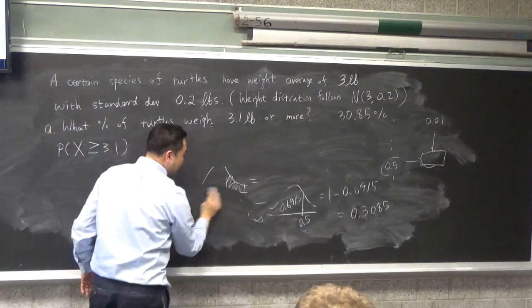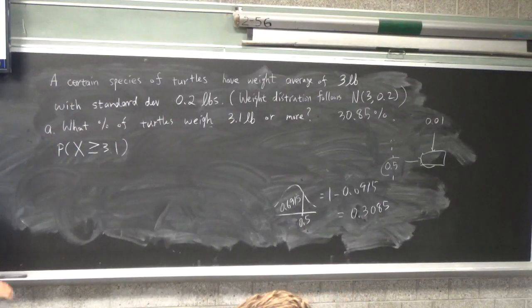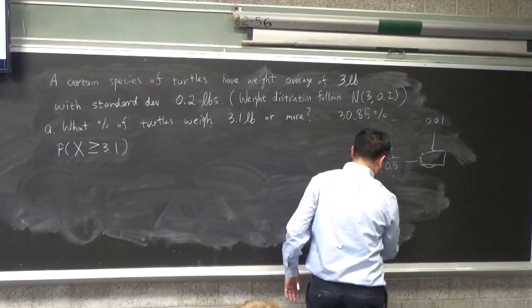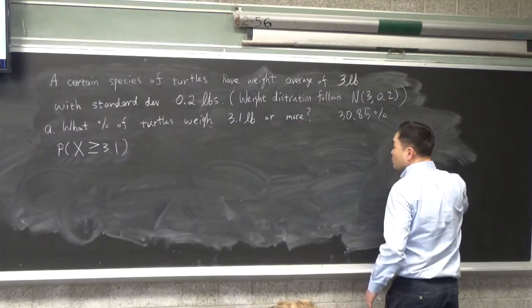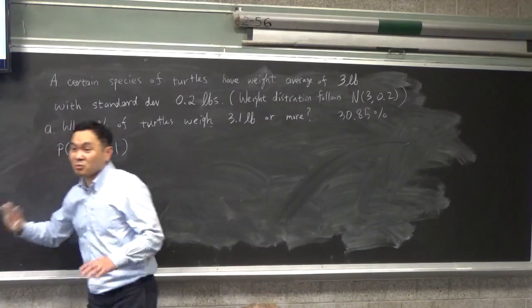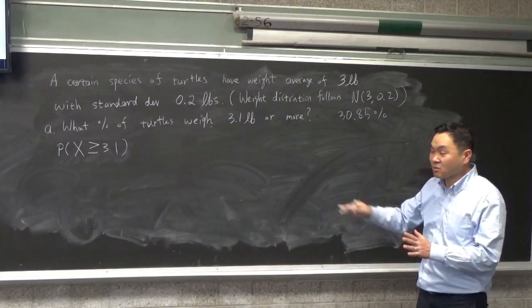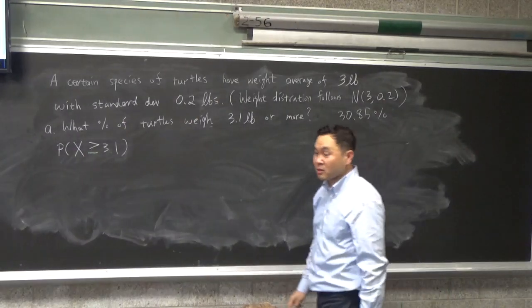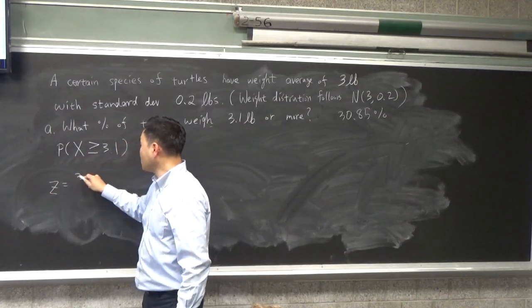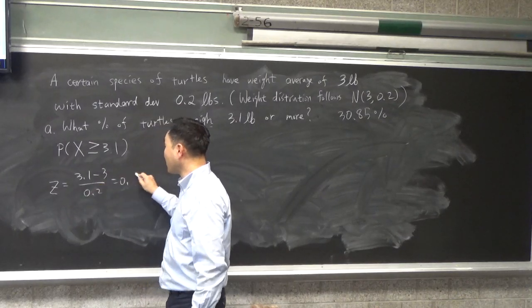Let's streamline this idea. I was trying to invoke all the calculus and stuff, but you really don't need calculus. I'm teaching the same type of thing with students that didn't take the hard calculus class, only pre-calculus, and they can still manage to do this. How do they do it? First, calculate the z-score for 3.1. 3.1 minus 3 over 0.2 gives you 0.5, right?